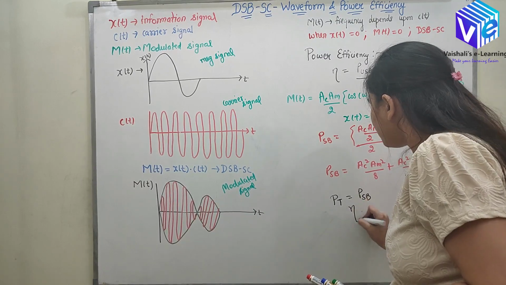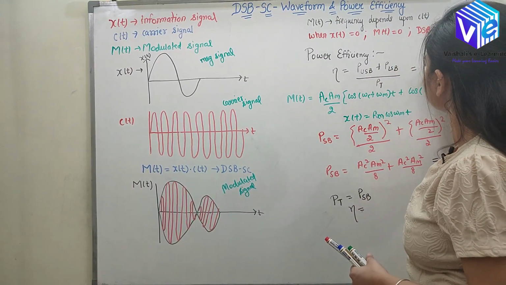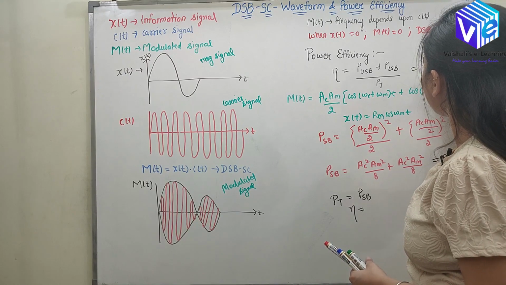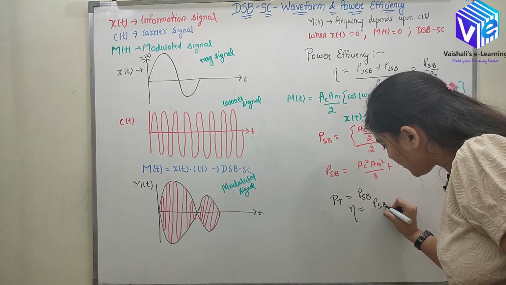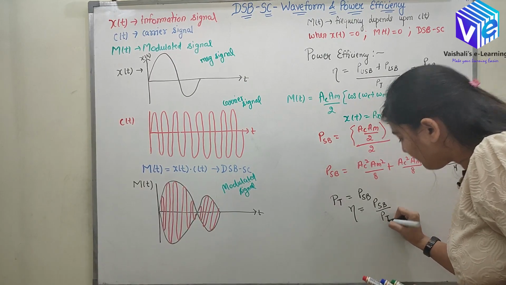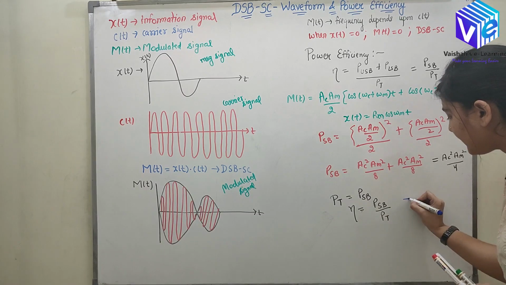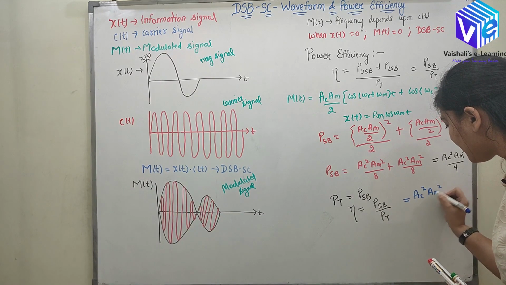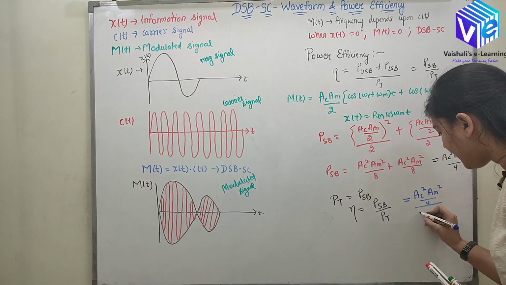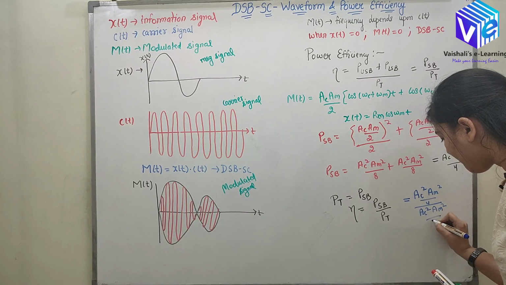And efficiency was equal to P_USB plus P_LSB, that is, the power of the sideband upon the total power. So efficiency is equal to the power of the sideband upon P total. Both are the same, so I can write it equal to Ac square Am square upon 4 divided by Ac square Am square upon 4.